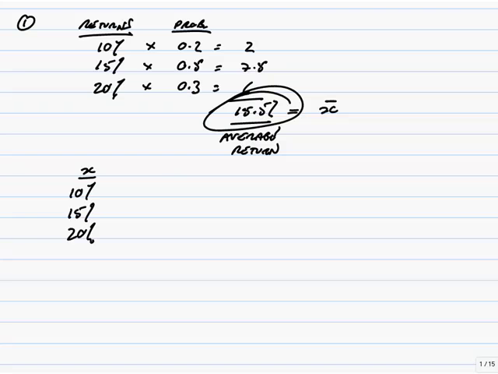And we look at the deviations, the differences between the possible returns and the average. So if we take X minus X bar, well, if the return is 10, it's minus 5.5 from the average. 15 is minus 0.5, 20 is plus 4.5.